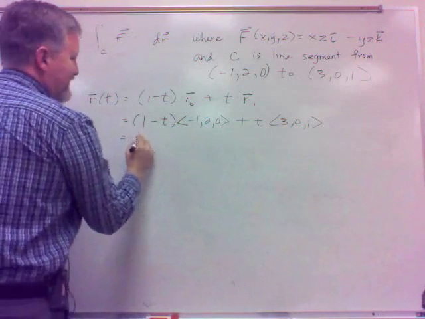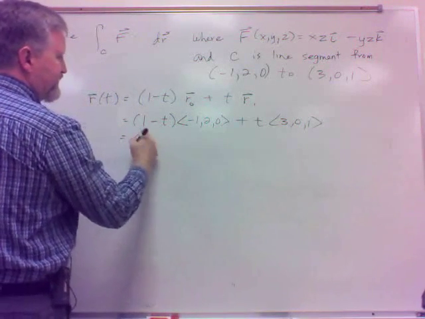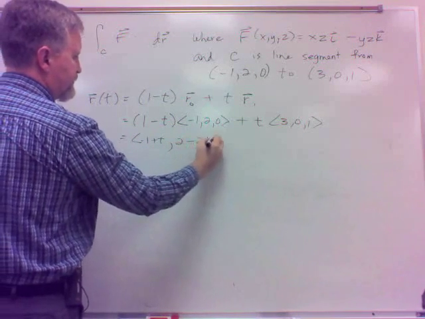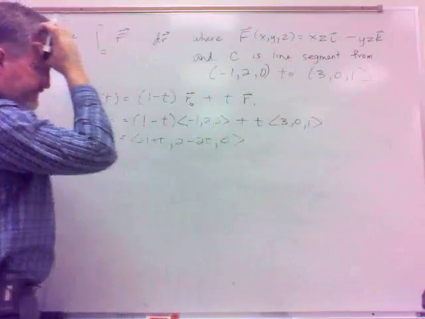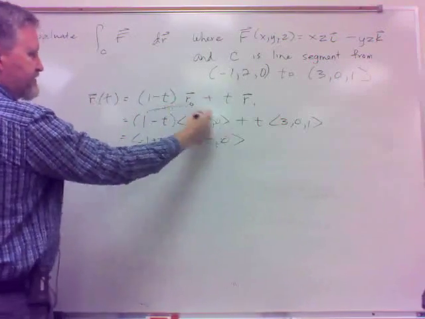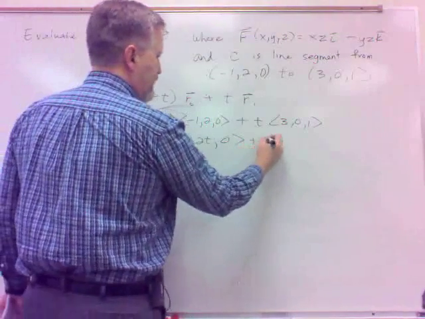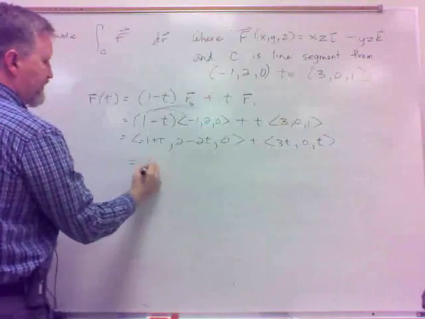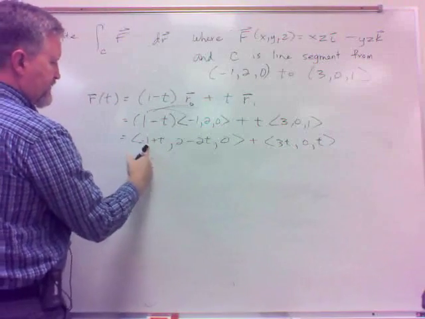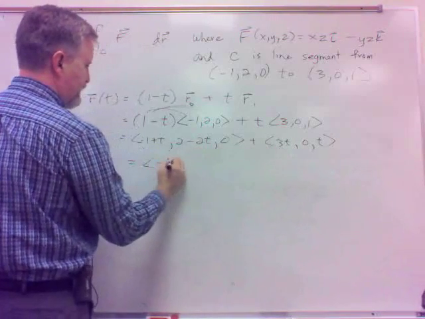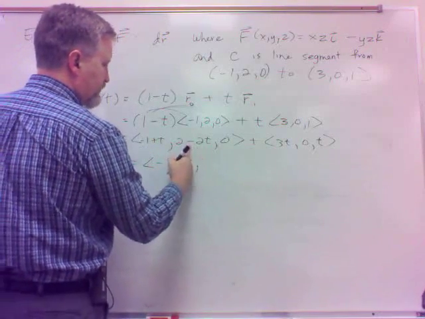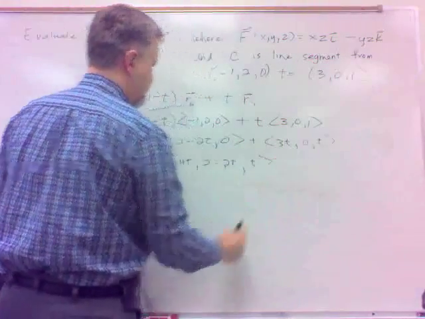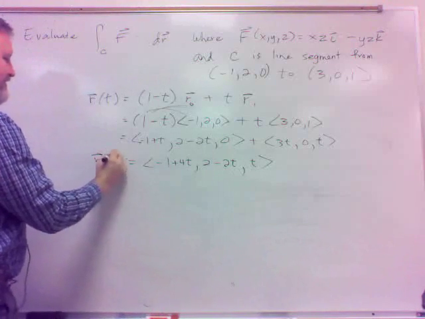You multiply the 1 minus t times each component, and this one is 3t, 0, t. So r is negative 1 plus 4t, 2 minus 2t, and t. And so that's our r vector.